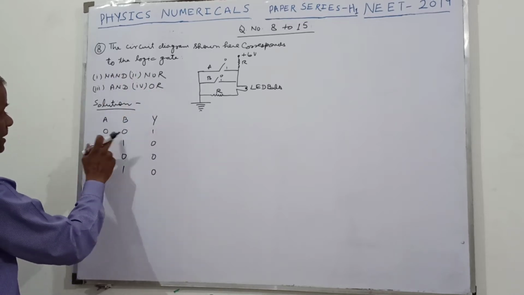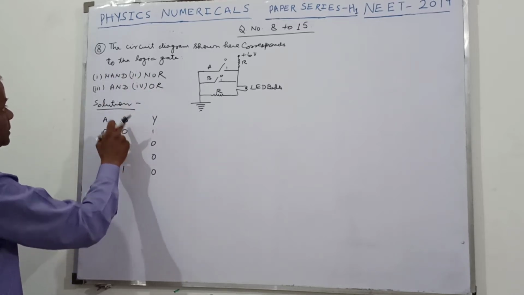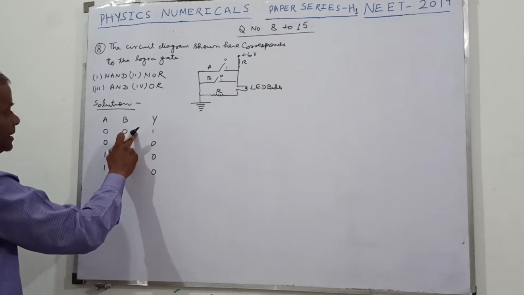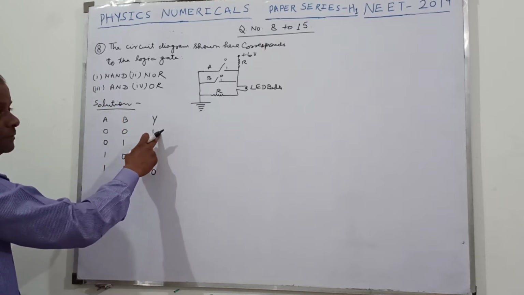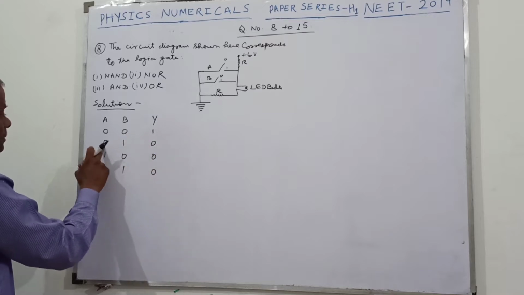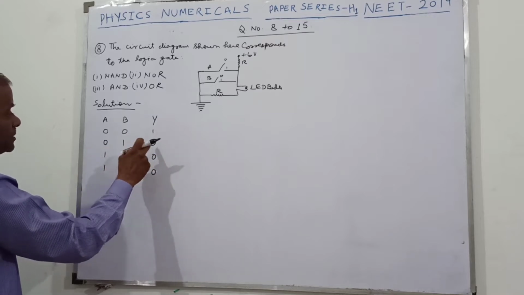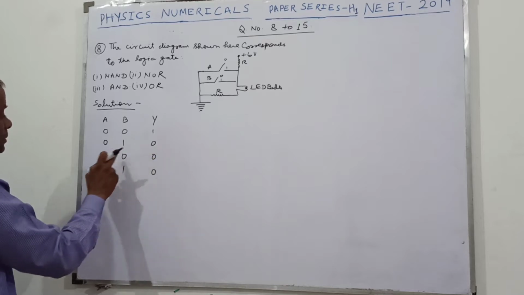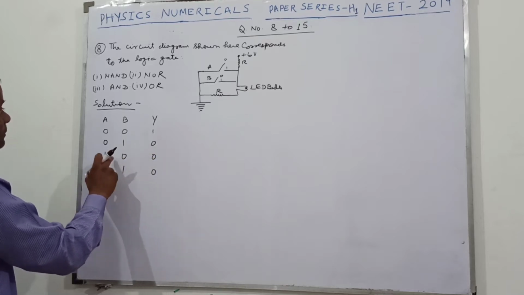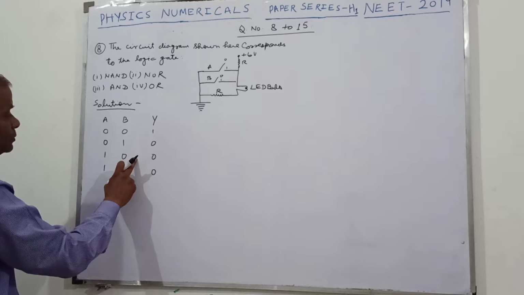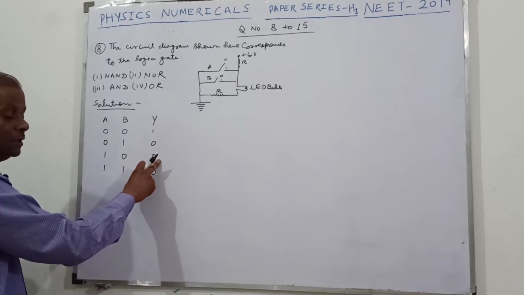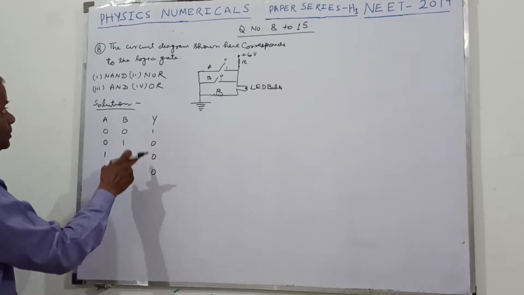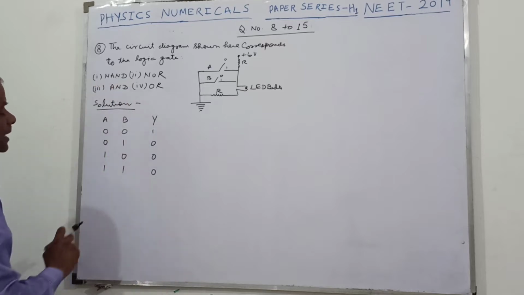So let us first multiply 0, 0, which is now 0, and we take the reverse of it, then this must be 1. Then for 0, 1, the product is 0 and the reverse must be 1, but this is 0. When we multiply, 0, 0 should give 1 here, but this is 0. So this does not correspond to the NAND gate.